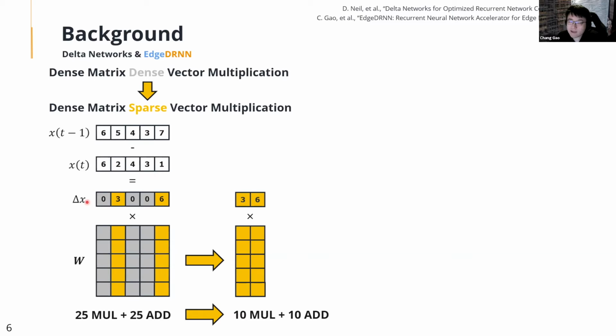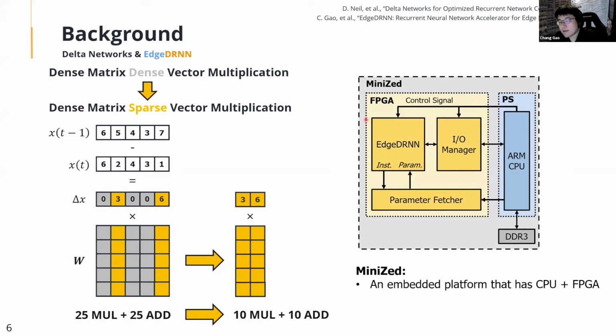By introducing a threshold on the delta vector, if the change of the input state is less than the threshold, we simply make this element 0. Every 0 element in this input vector saves a whole column of computations. So in this example, we can save 25 multiplications, 25s to 10 multiplication and 10s. Actually in our experiments, usually you can save up to 98% of operations and memory access.